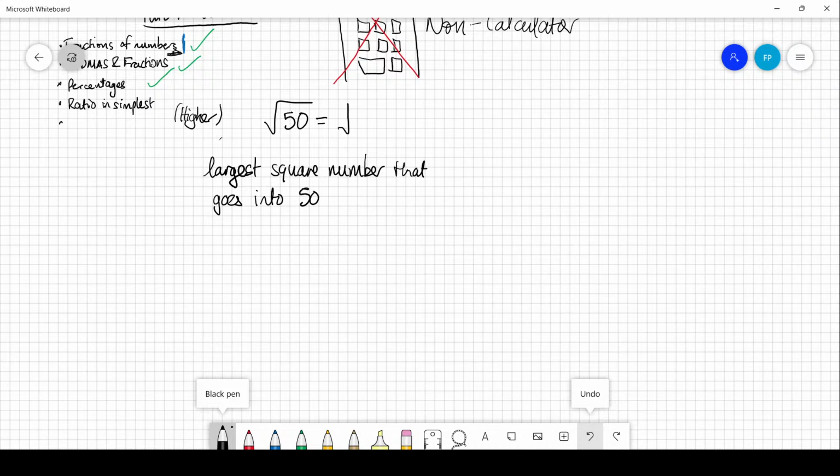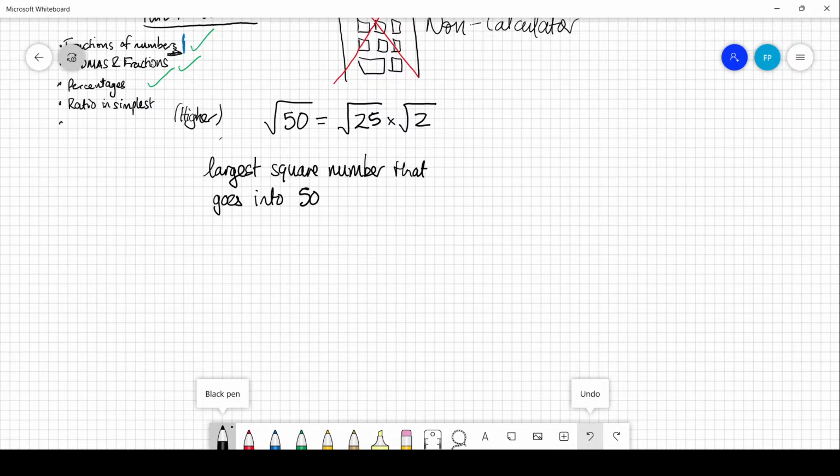So that would be 25. And with the laws of indices, if you multiply a surd by another, so like 25 times 2, you'll end up with a combined surd, the square root of 50.